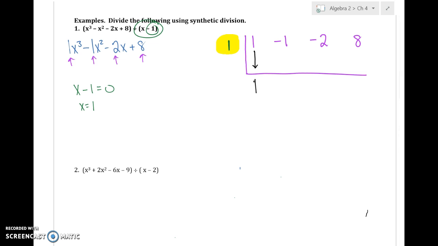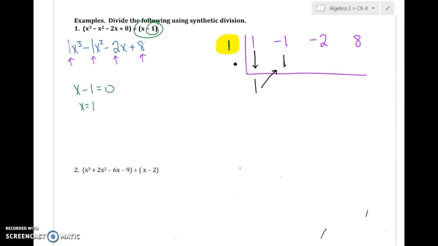Always take that first number and drop it straight down. The number on the outside is multiplied by the number on the bottom, and the answers are written up in this next space. So 1 times 1 is 1. Write that underneath the next number.